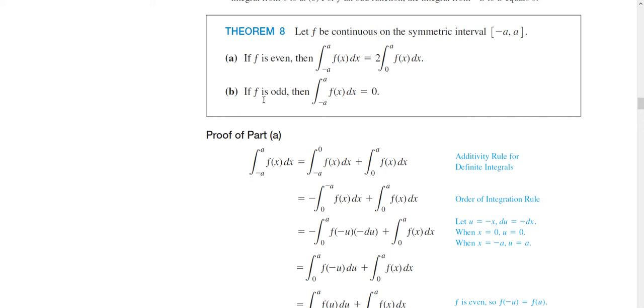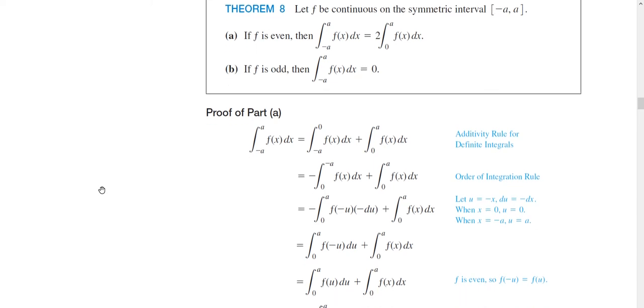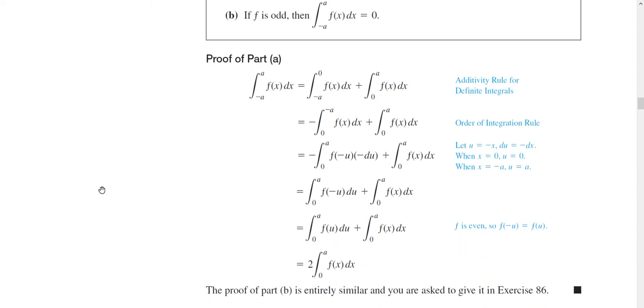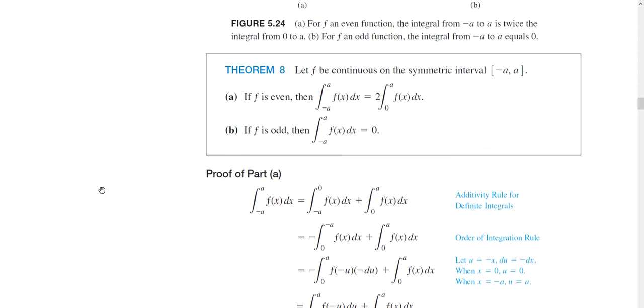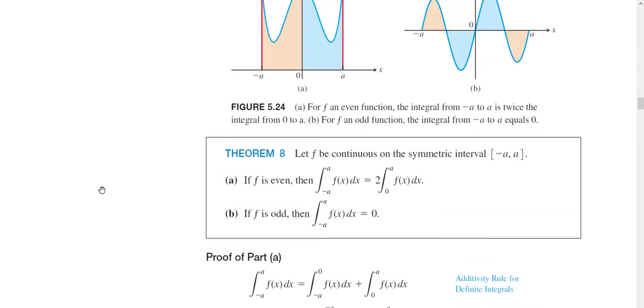And if f is odd, then the integral from minus a to a of f(x) is equal to 0. Now the proof of this theorem is left for you as an exercise, although it is solved in the book. If you have some problem, you can ask me later.